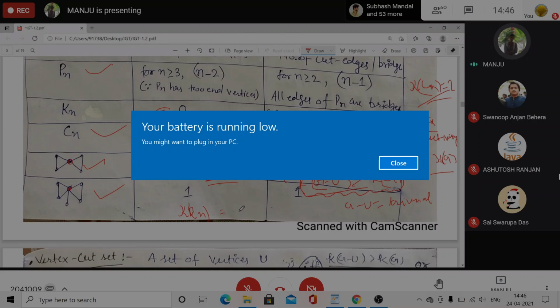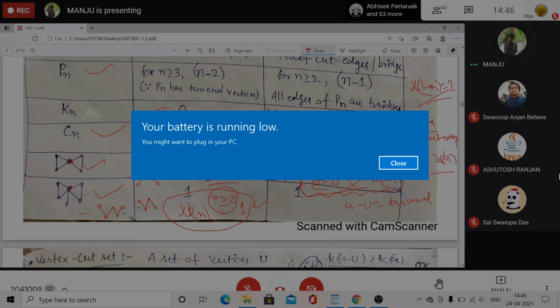How many vertices do you need to remove at minimum to disconnect Pn? 1, for n greater than or equal to 2.